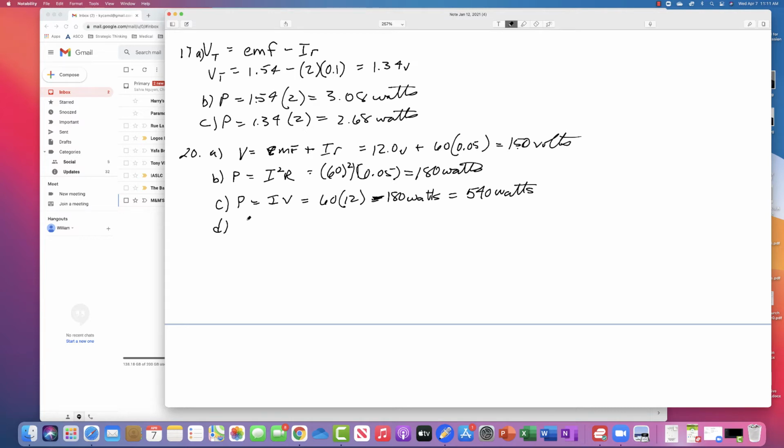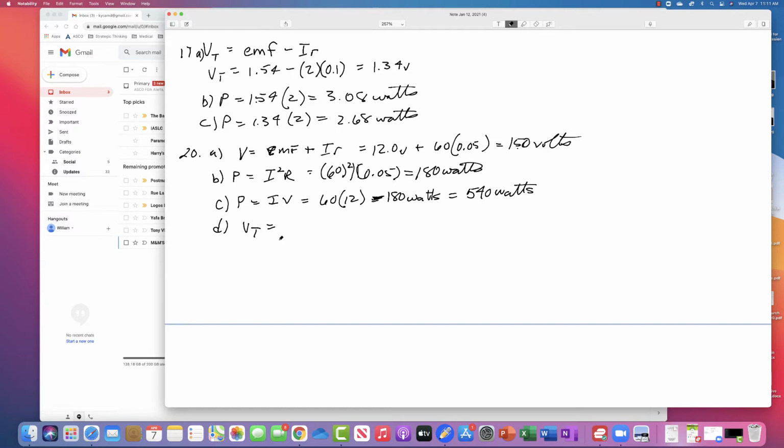And then the last question is, what are answers A and B when the battery is used to supply 60 amps to a starter motor? So they're asking you these questions. Instead of it being charged, it's now being used to supply. Okay, so your first one is the terminal voltage.